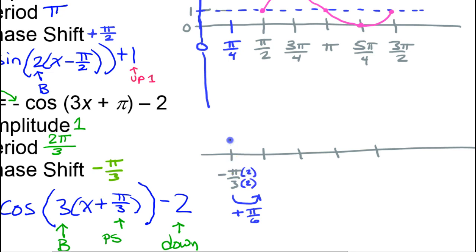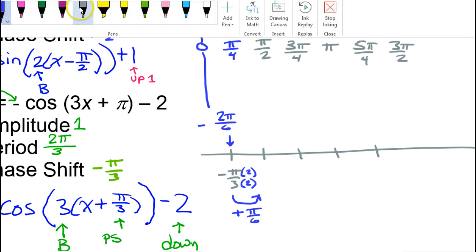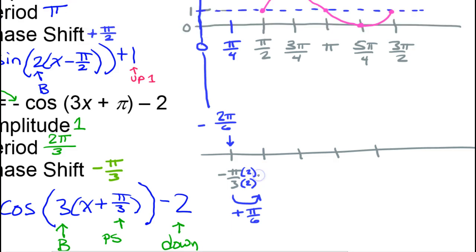That means this mark right here is really negative 2 pi over 6. That's another way of thinking about it. So if I take negative 2 pi over 6 and add 1 pi over 6, that's going to be negative 1 pi over 6. So that's negative pi over 6.